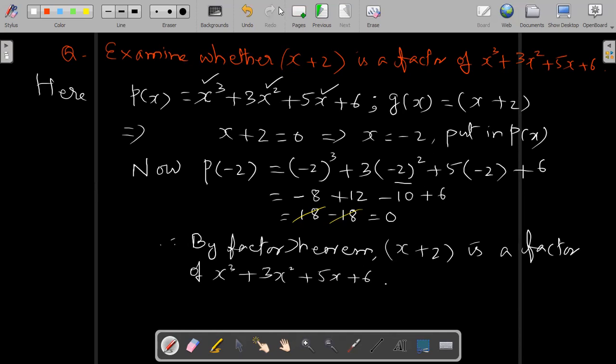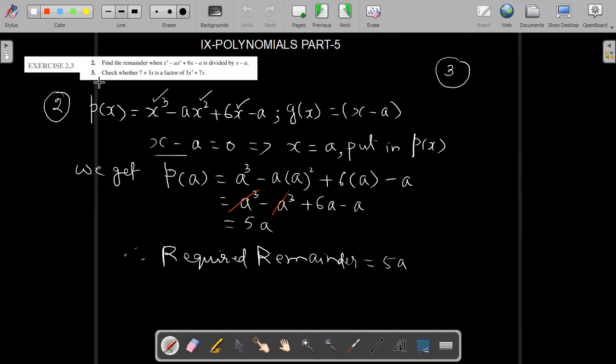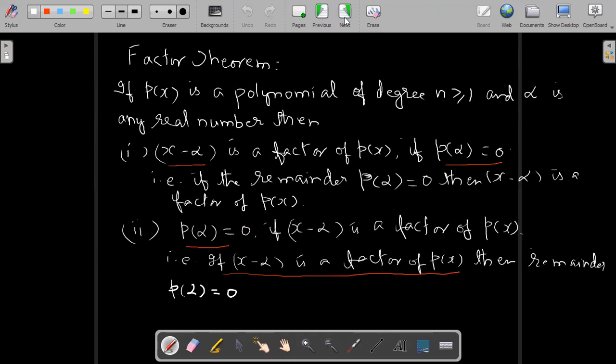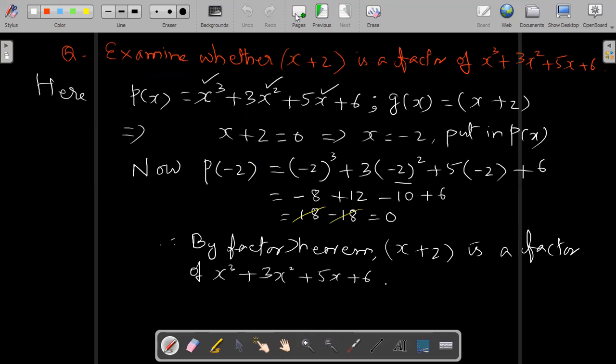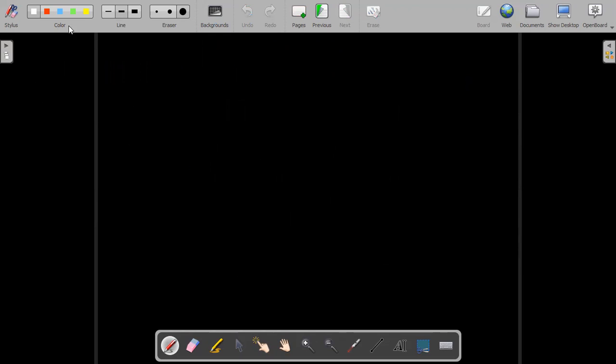So that's why I have not taken this question now. We can take this question: check whether 7 plus 3x is a factor of 3x cube plus 7x. This is from exercise 2.3, question number 3, and it is based on the factor theorem.